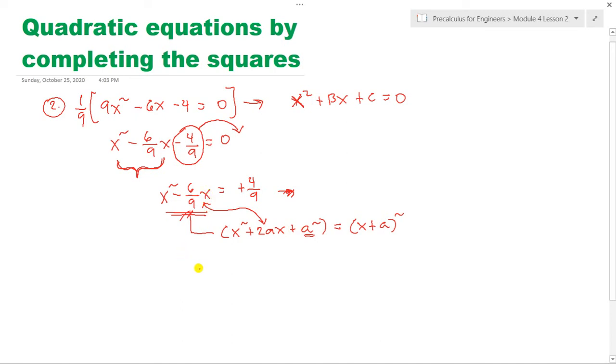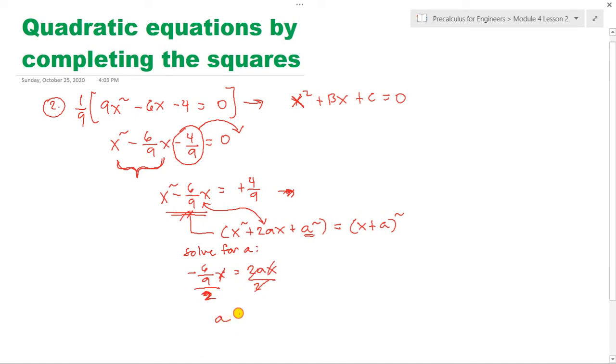So, to solve for a, you have negative 6 all over 9x is equal to 2ax. Since x is common to both sides, makancel out ito, then divide by 2 para si a na lang talaga yung matira.